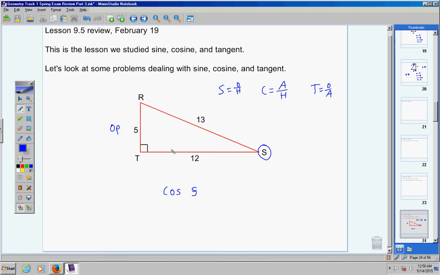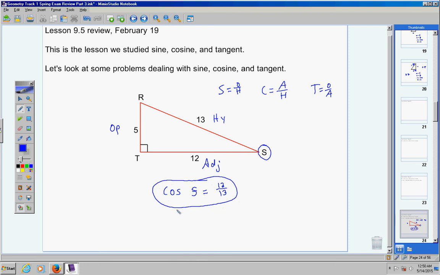Go to your 90 degrees. Go straight across. 13 is my hypotenuse. And then, of course, 12 is my leftover side. We'll call that my adjacent side. Okay, so here we go. The cosine of S would be, cosine is adjacent over hypotenuse. So adjacent would be 12 over hypotenuse, 12/13. So the cosine of S is 12/13.